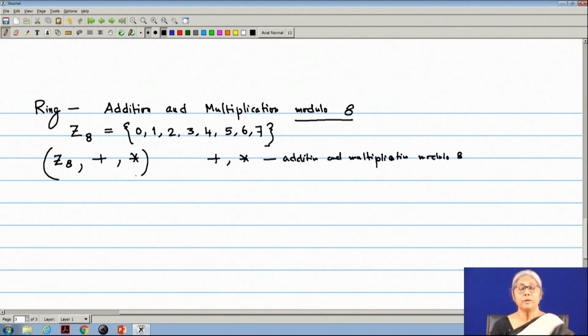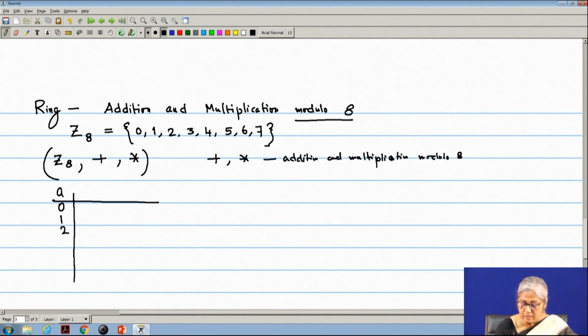Now, when we tabulated all the additions and multiplications modulo 8, these are my set elements. So for some set A, if I write 0, 1, 2, 3, 4, 5, 6, 7, we got the additive inverse.